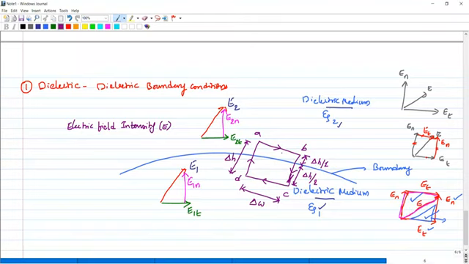So this is about the diagram. The time is running out, so in the next class I will draw the diagram directly, and we will proceed with the derivation part.